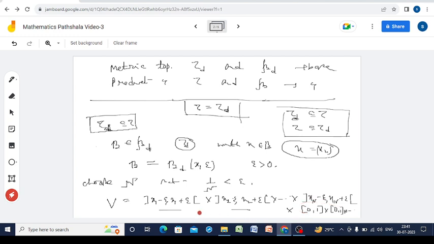And we also know that any basic open set in the product topology is of the form: there are finitely many open sets in finite indices, and the rest will be the whole sets. So this is clearly a basic open set in the product topology.